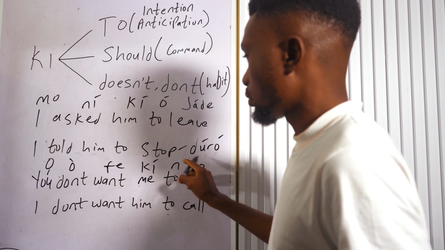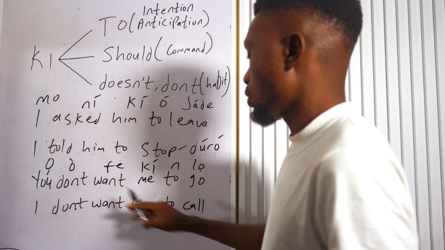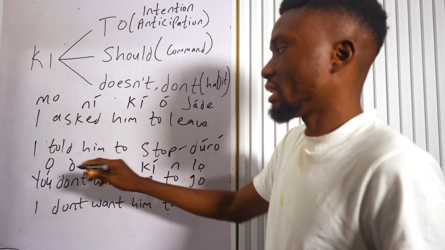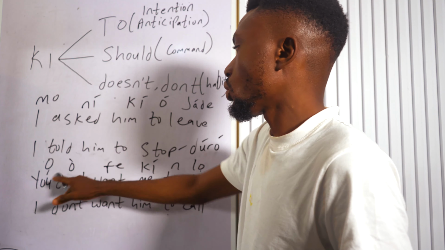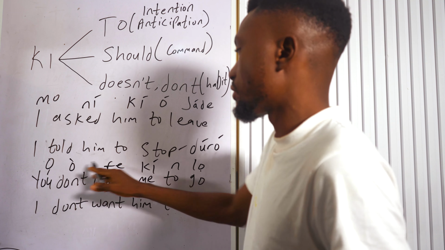This ò is don't. Ò fẹ́ kí n lọ. You want me to go. But you don't want me to go. Negation in Yoruba is ò. So, ò fẹ́ kí n lọ. You don't want me to go.